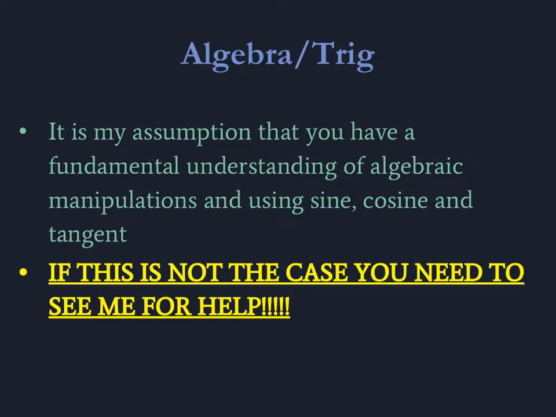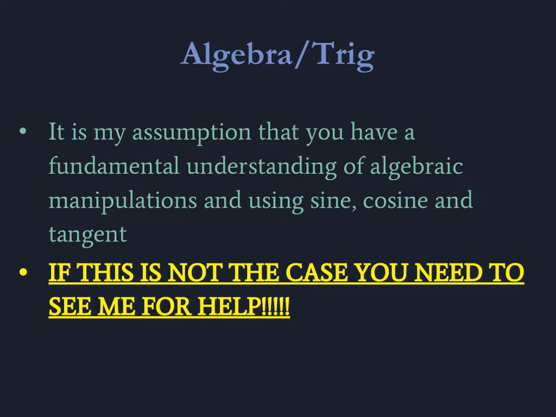Now we're going to do some work in class to review, and I'm always available for help. But unless you specifically say something to me, I'm going to assume that you have a fundamental understanding of algebra, that you can manipulate equations, that you know how to isolate variables, that you can do opposite operations to solve for x or y or whatever our particular variable is.